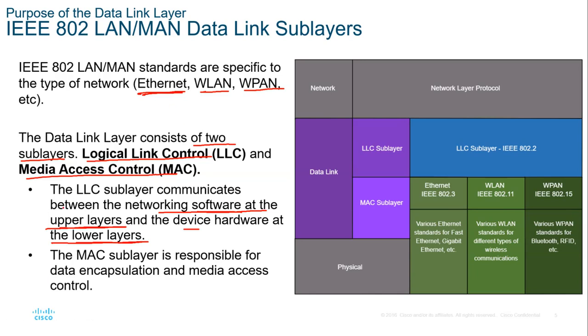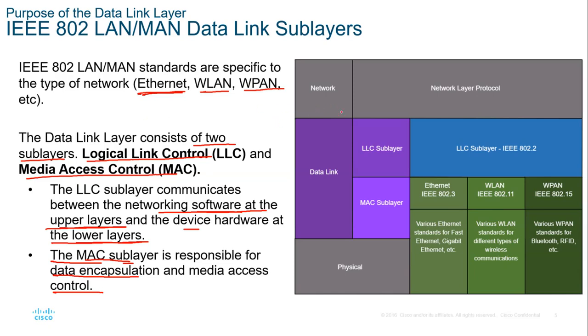Then we have the MAC sublayer, media access control, which is responsible for data encapsulation and media access. It is the MAC sublayer that encapsulates the packet into a frame, and it is also responsible for media access control.